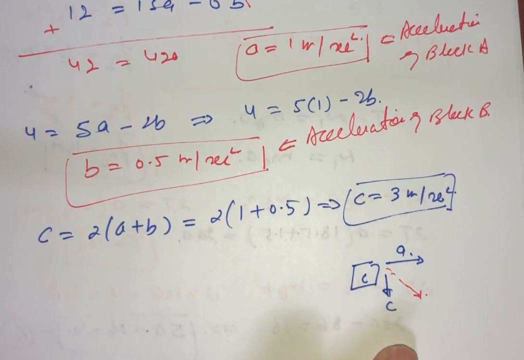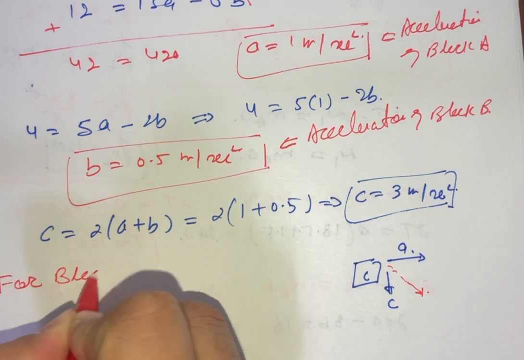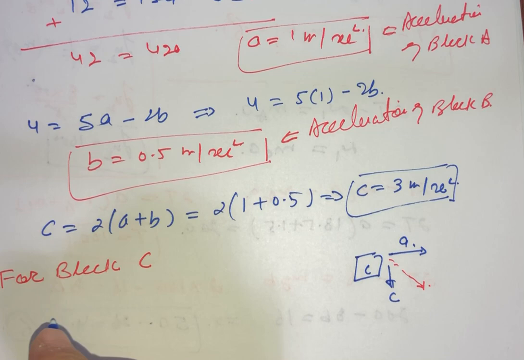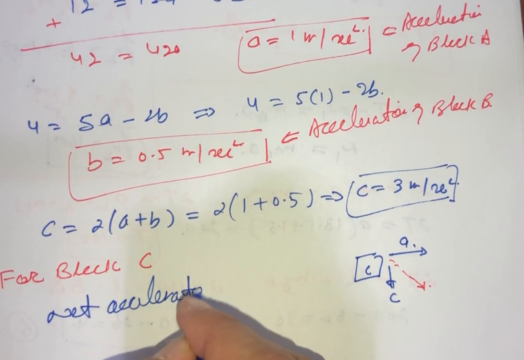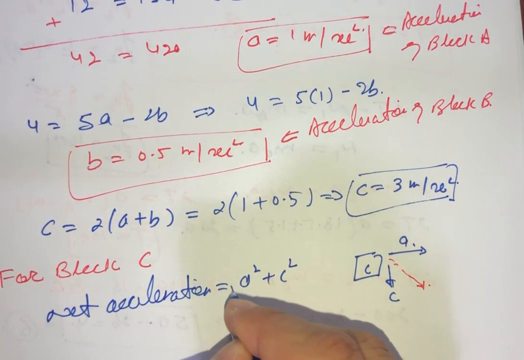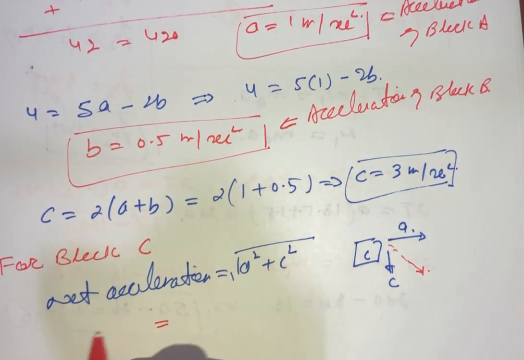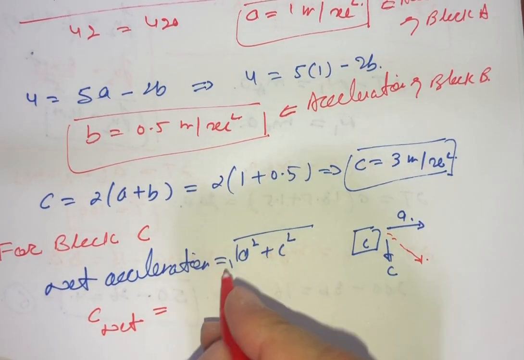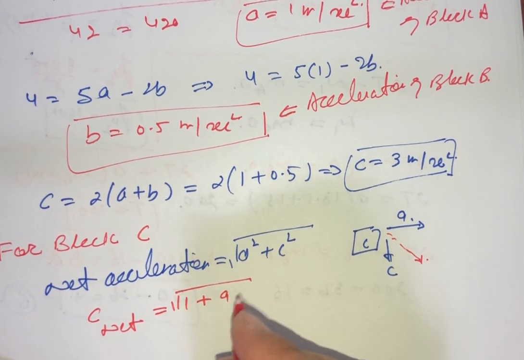So we can say for block C, net acceleration will be equal to the square root of a square plus c square. Let us call this c net. The value of a is 1, c is 3, so this is the square root of 1 plus 9.